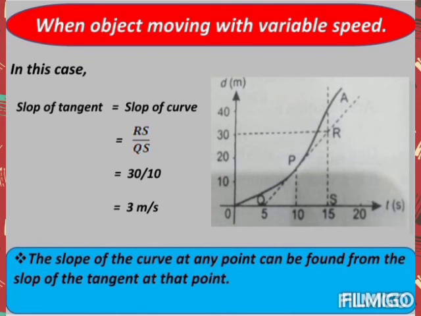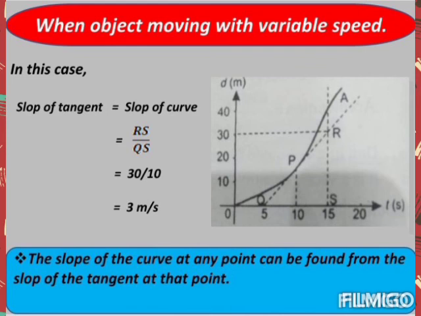You have studied that RS is called the perpendicular and QS is the base of the triangle. So the slope of the tangent is equal to perpendicular divided by base, that is RS divided by QS.